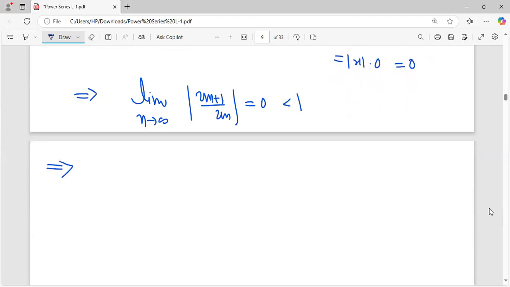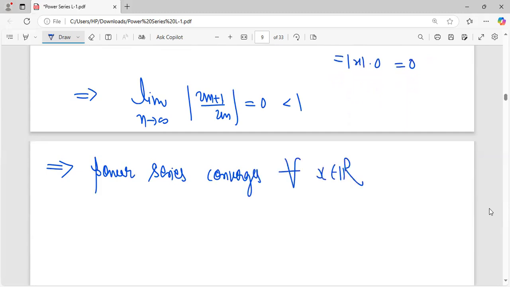So this implies the power series converges for all x belongs to R. It means what? Okay.